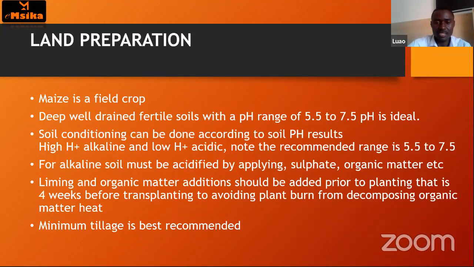So when you're increasing the pH scale, you're moving from acidic to neutral up to alkaline. When you're decreasing the pH, you're moving from the alkaline back to the neutral or the acidic side. Again, on the lime, just like I said for micronized gypsum, there's also another product called micronized lime.